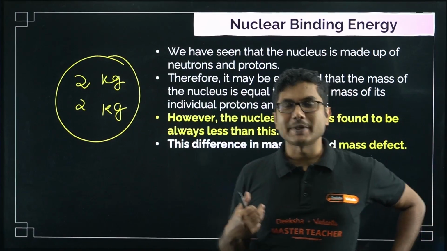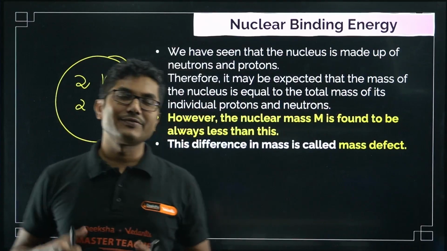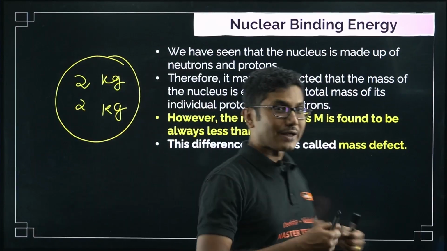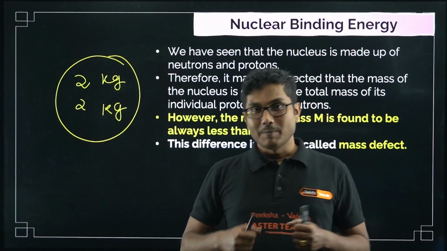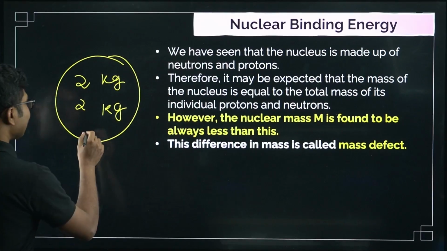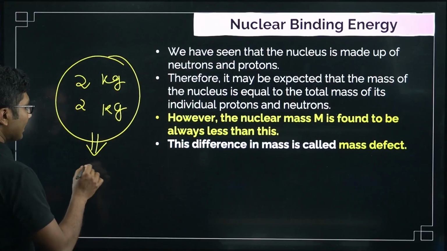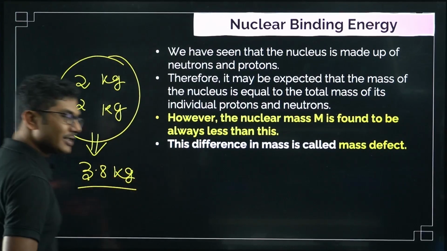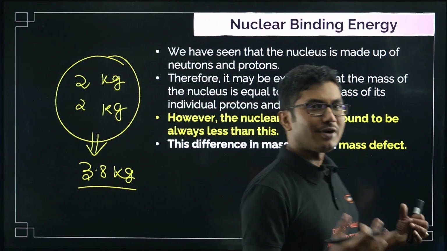So that was our expectation. The same thing we are expecting in the case of the nucleus. Now the nucleus is very weird, unlike the shopping market where 4 kg means 4 kg. If you do the same thing for the nucleus, instead of getting 4 kg, you will get say 3.8 kg. So what happens to the 200 grams of nucleons?